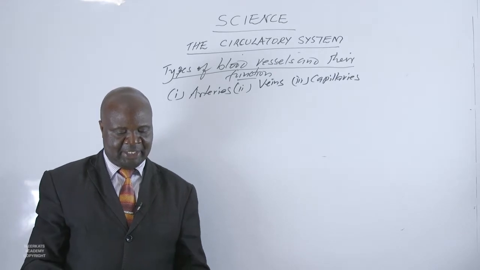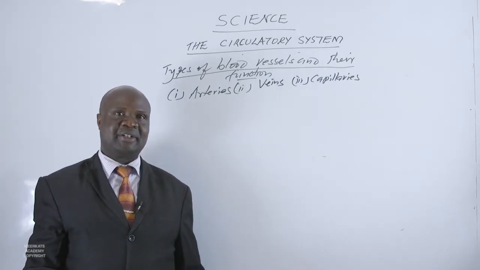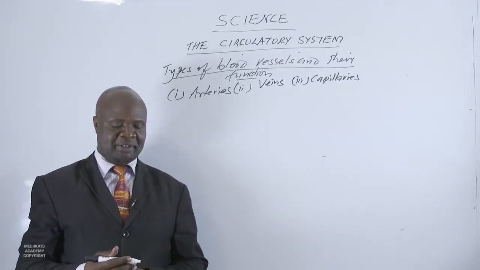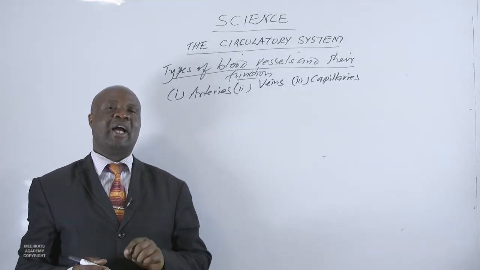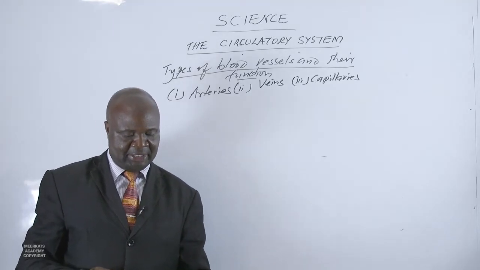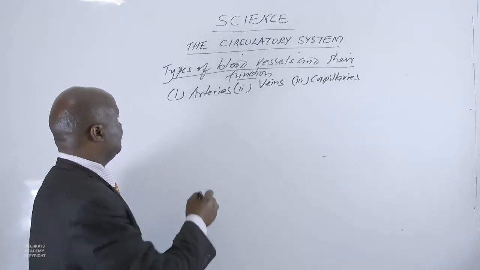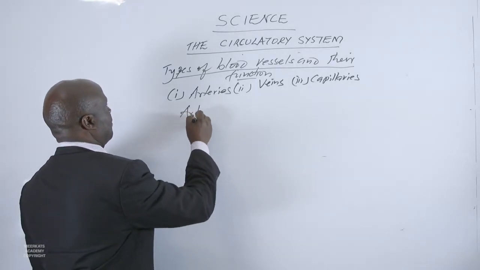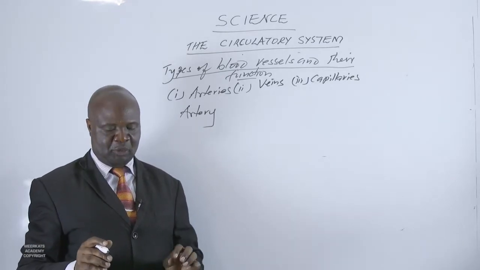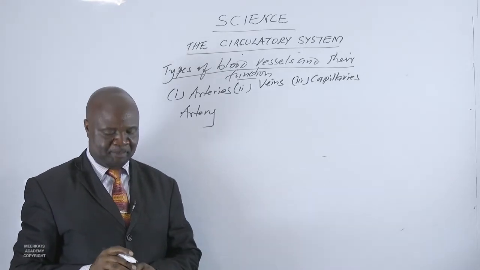So after seeing the arteries, the veins, and the capillaries, we can look keenly at how an artery looks. We can start with the artery. We shall say something small on this artery.